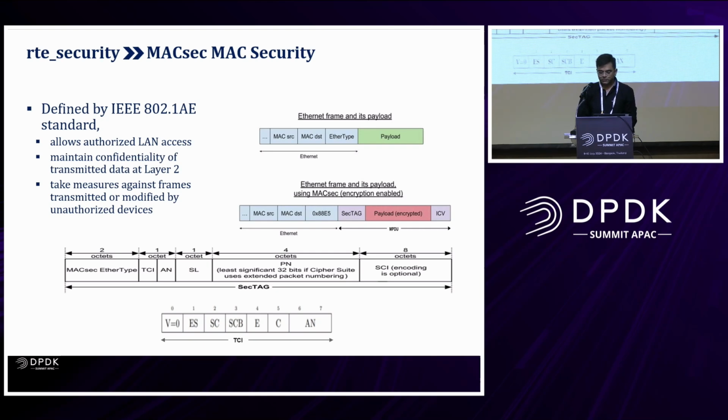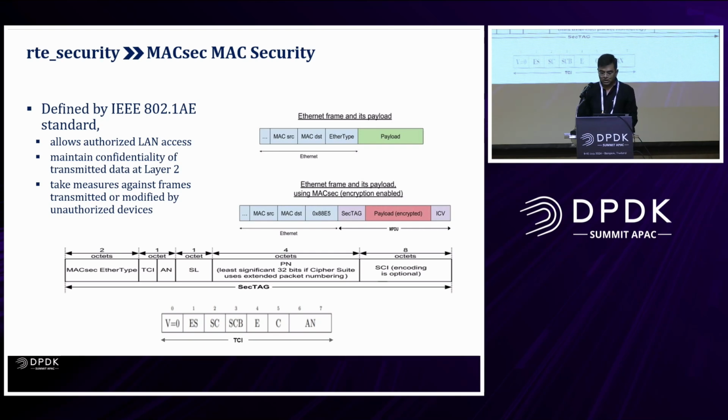And then we have the encrypted payload followed by a 16-byte ICV. SecTag is a 16-byte field which includes the MACsec Ethertype, that is 88E5, and has fields like tag control information, association number (AN), short length, packet number for replay checks, and the secure channel identifier, the SCI field.